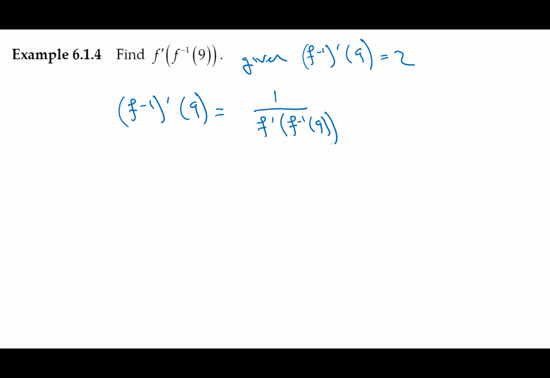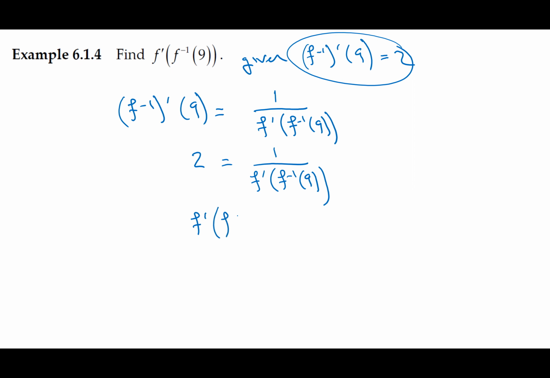I also know that that's 2. So this just becomes simple algebra, right? f prime of f inverse of 9 then would have to be equal to 1/2. Okay, so that's just simple application of the formula that we just looked at.